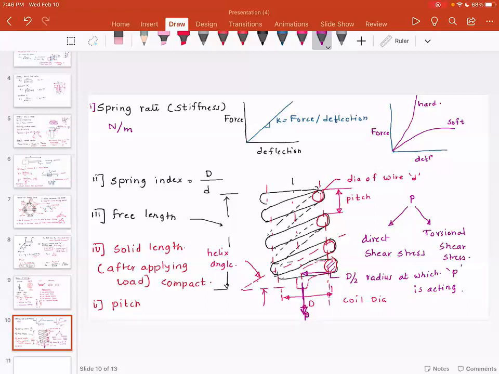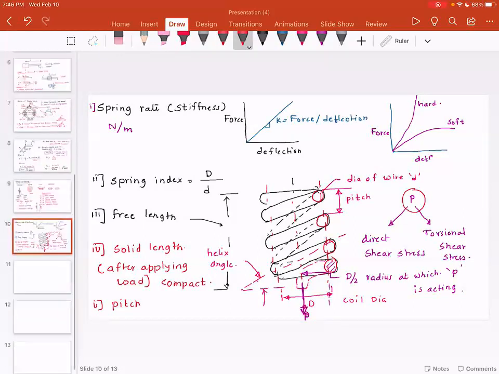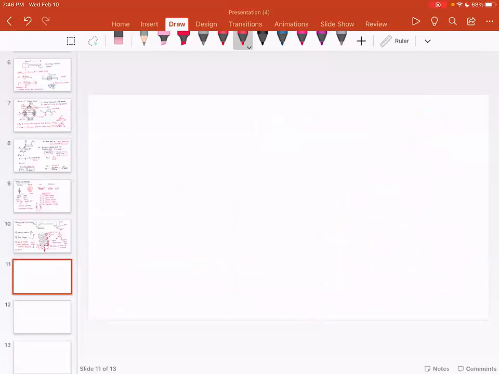We have to make sure that the spring that we design is safe when these two stresses are simultaneously acting. So let's derive the stresses that are acting on the spring.